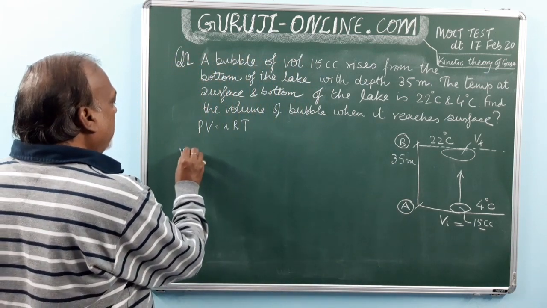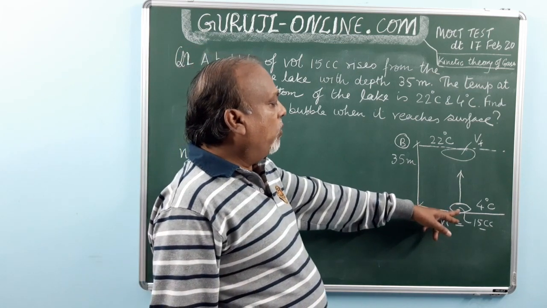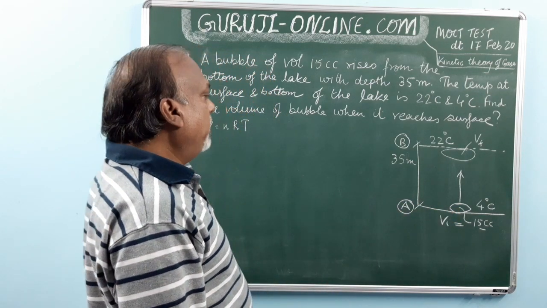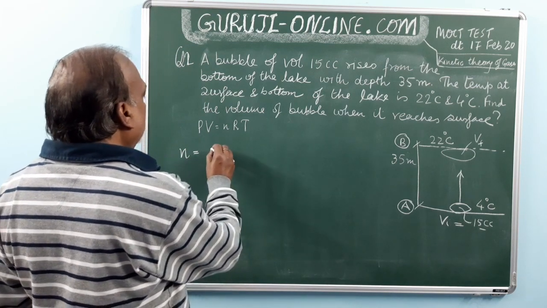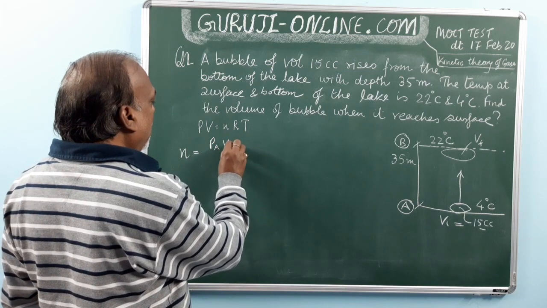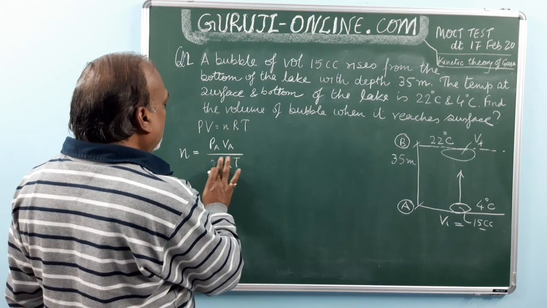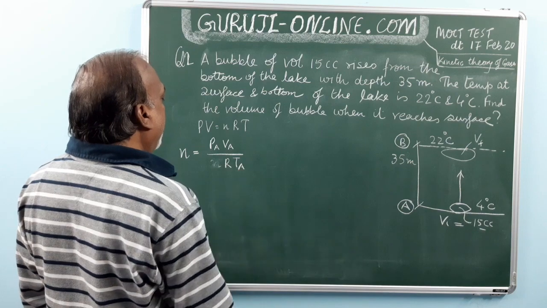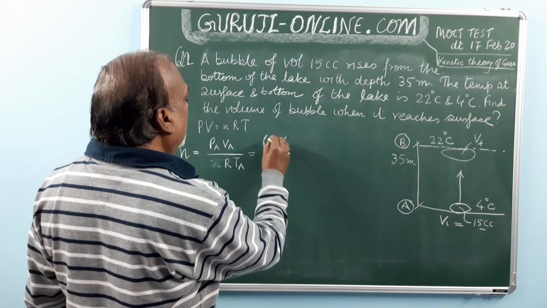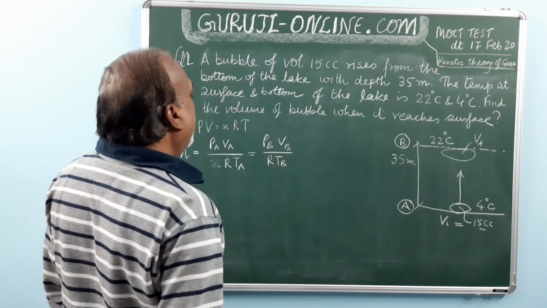So n, naturally, whatever volume of air it is enclosing, the number of moles will be the same. This is equal to PA VA upon TA, and this will be equal to PB VB upon TB.